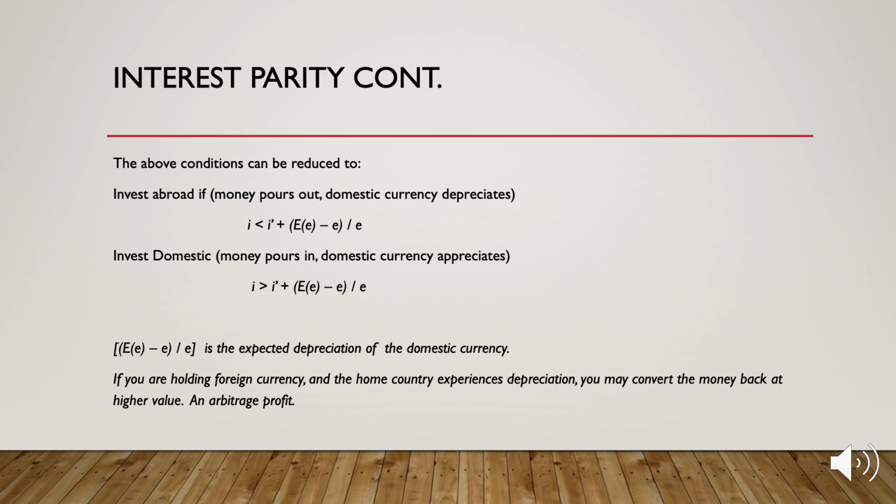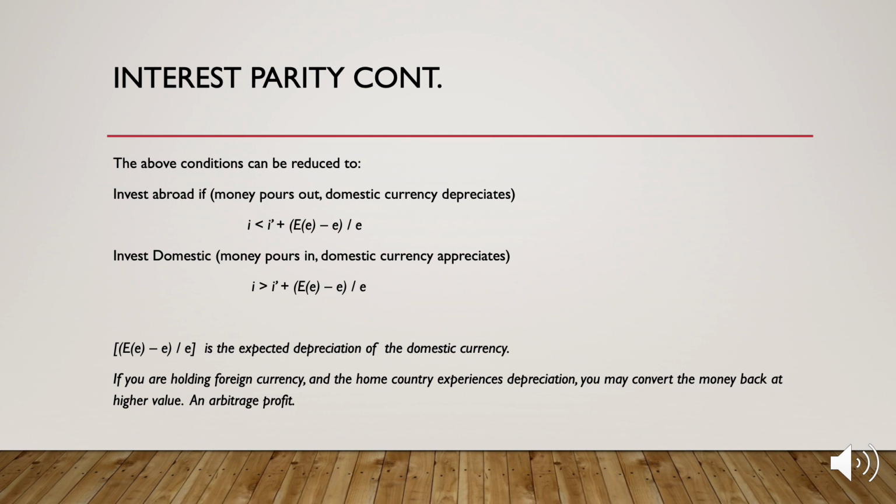The euro is gaining in value, and you'll make an additional rate of return based off of the appreciation of your foreign currency holdings. Another way of saying that, of course, is you'll make additional rates of return based off of the expected depreciation of your home currency if it is the case that you're holding foreign currency assets.